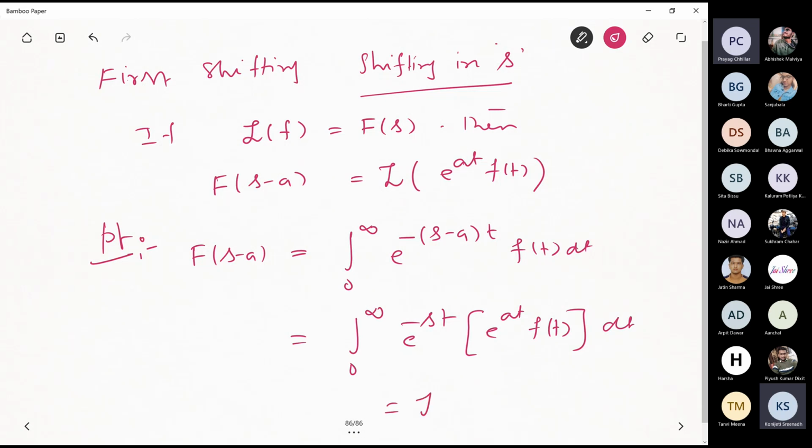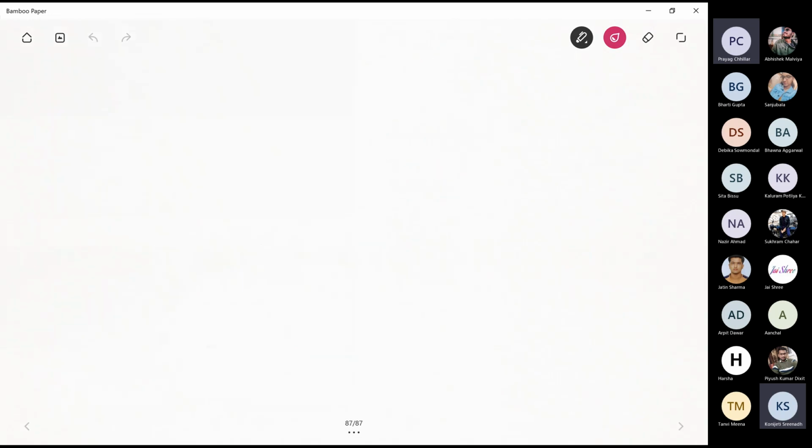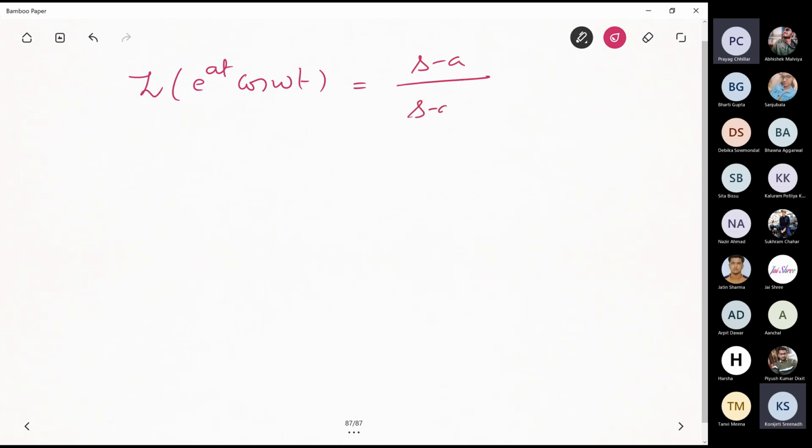So this is nothing but L of e power at into f. Okay, so this gives us the Laplace transform of e power at into cos omega t. So this is going to be s minus a by s minus a whole square plus omega square. So that is the shift by a.